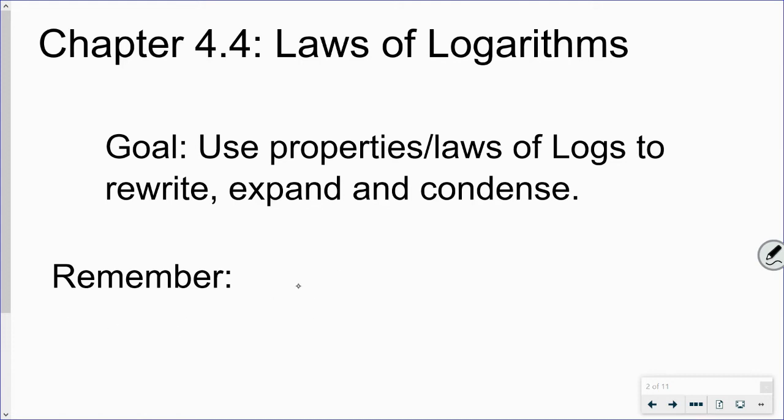If we remember, we had something like log base a of a to the x equals x. Okay, that was one. a to the log base a of x also equaled x. Those are two properties of logarithms that we have had before.